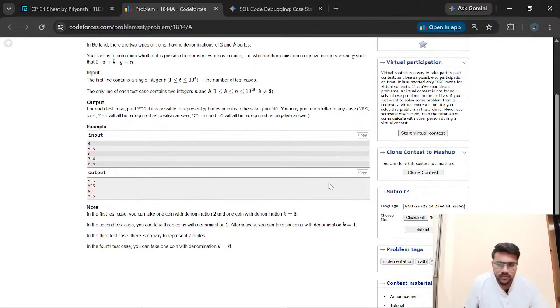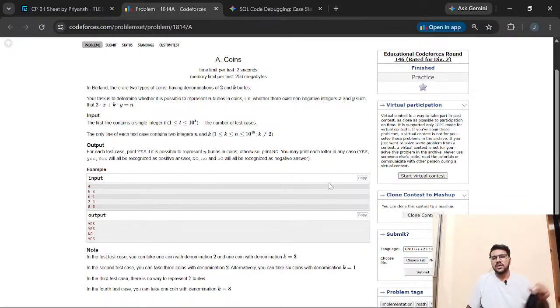In Berland, there are two types of coins having denominations of 2 and k burles.